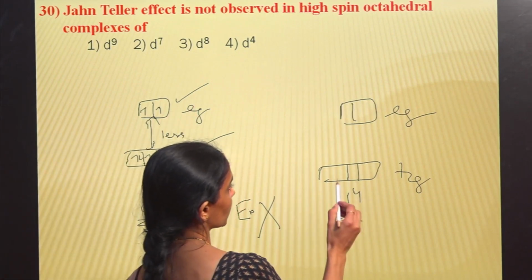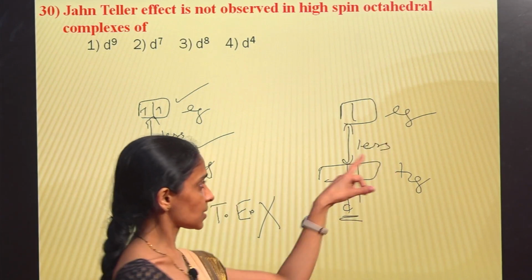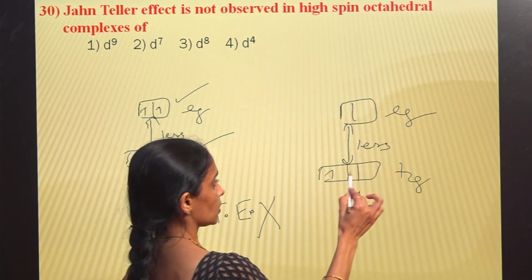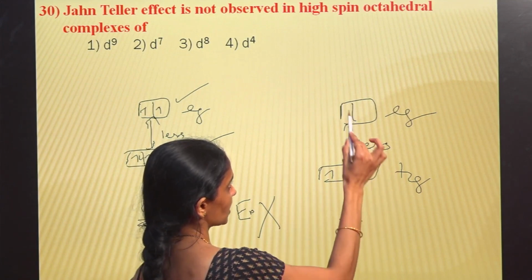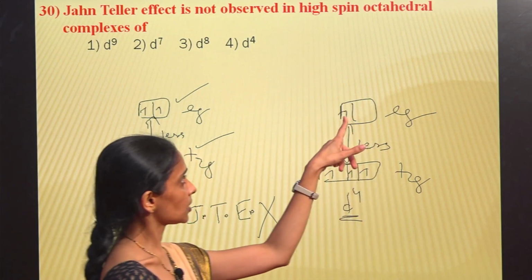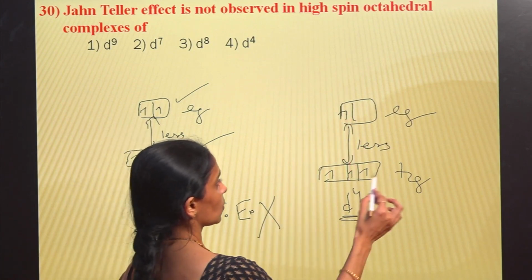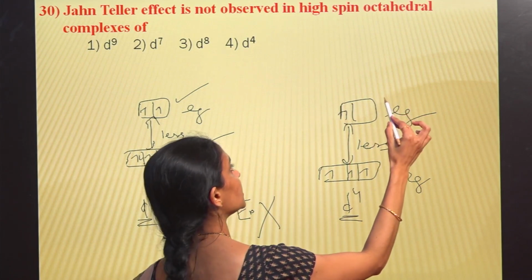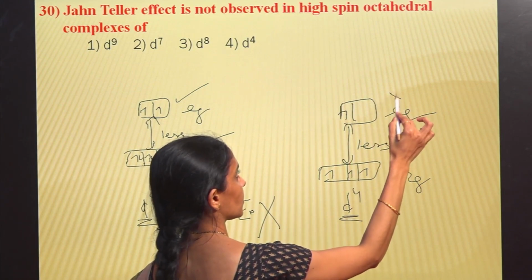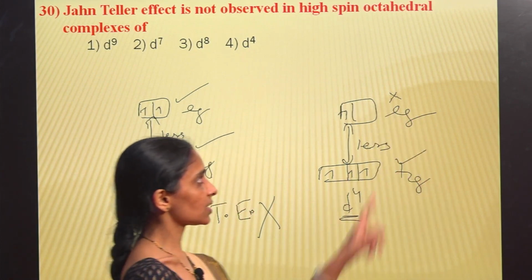In D4, this gap is low, no? This gap is less, that is why 3 here, and because the gap is less, the electron goes to this. Okay, now there is no symmetry in EG. Symmetry is absent in EG, but in T2G there is symmetry.